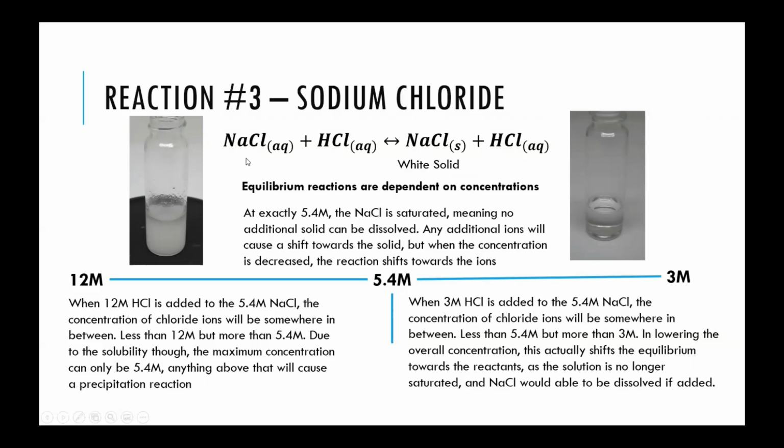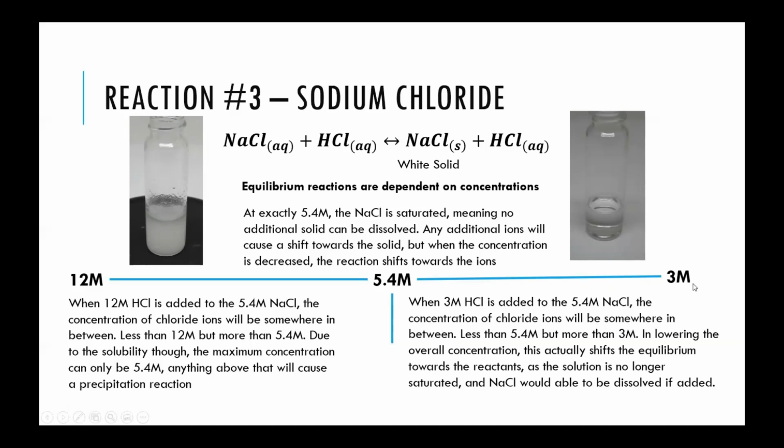While you're still performing the same actual task of combining aqueous sodium chloride and aqueous hydrochloric acid, the concentration plays a key role in this balance. By adding a low concentration of hydrochloric acid, the overall chloride concentration would now be between 5.4 and 3.